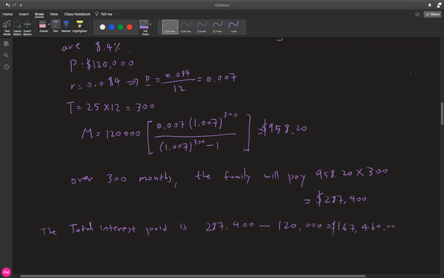So this means that over the period of the loan, this family is paying $167,460 just for the interest.